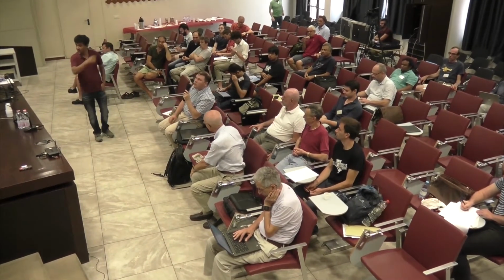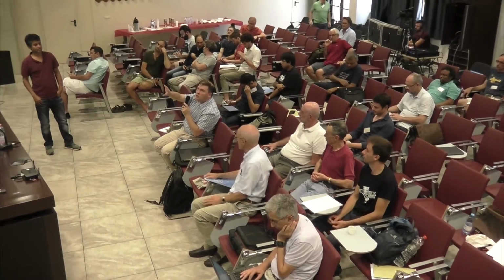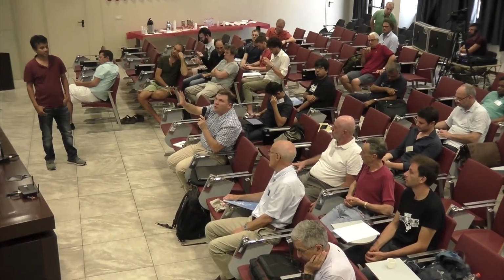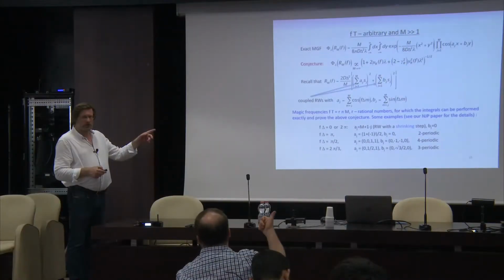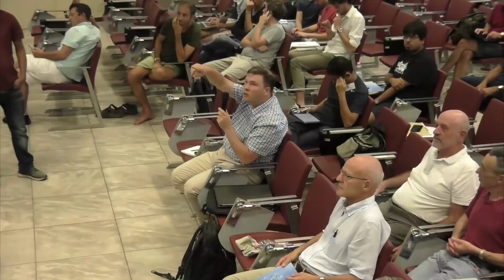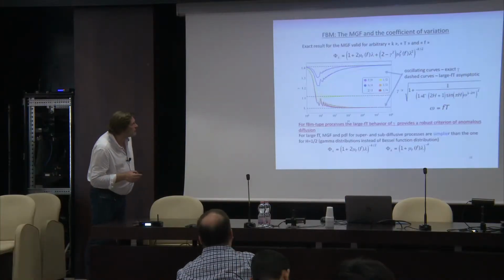Gleb, you mentioned that you suggest this technique to distinguish subdiffusive, superdiffusive behavior. How long a trajectory do you need to make the distinction? So if it's like 1,000 points, 10,000 points. You mean this point? For fractional Brownian motion, when you look at gamma. Yeah, this one.